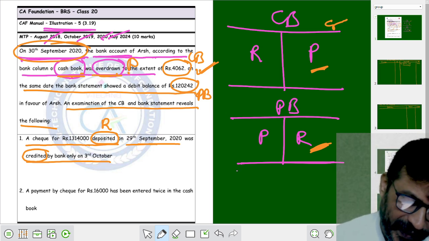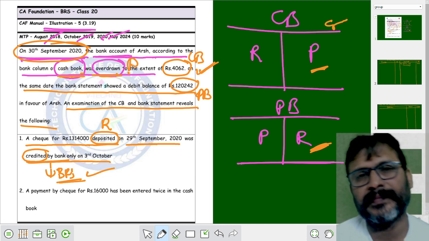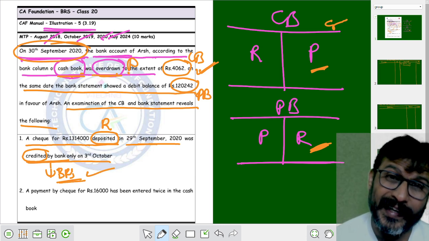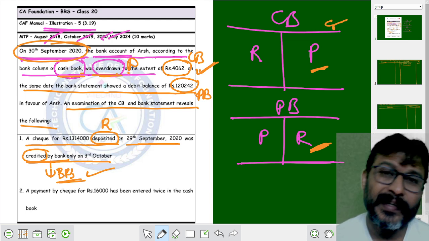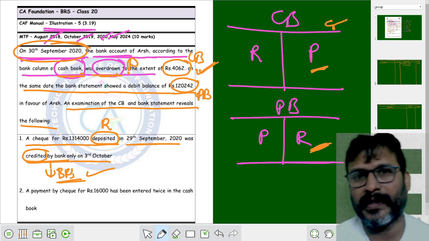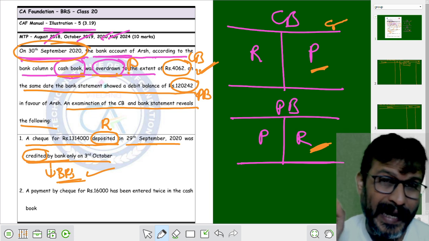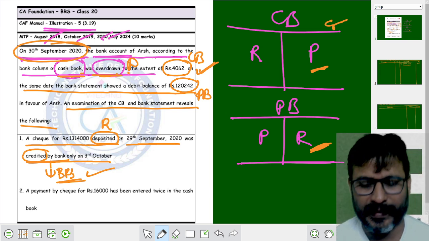When it is credited in the bank passbook, it is to be taken under the concept of BRS. Why BRS? Entries made in the passbook, mistakes made in the passbook, entries not recorded in the passbook, all these things come in BRS. Anything that happened in the passbook is supposed to be recorded in the BRS statement.